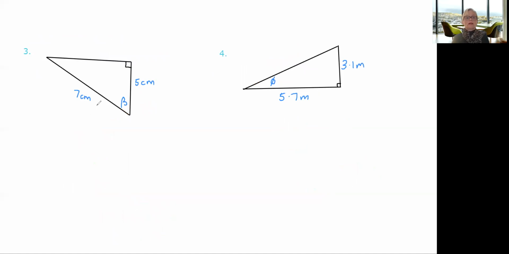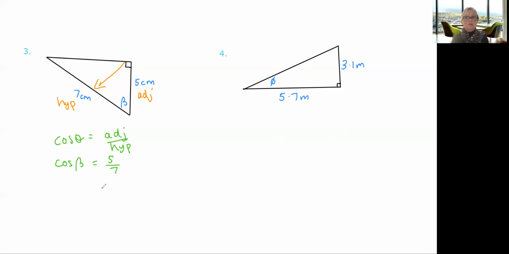All right. Same process as always. In relation to our angle, this is the adjacent side. This is your hypotenuse. Which rule are we going to use? Cos of theta is adjacent on hypotenuse. Subbing in, this is the Greek letter beta. Adjacent is 5, hypotenuse is 7.